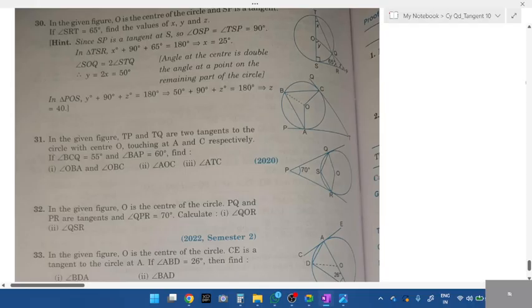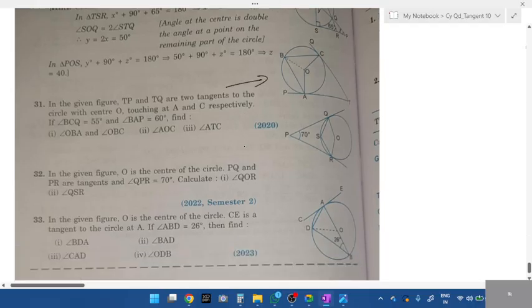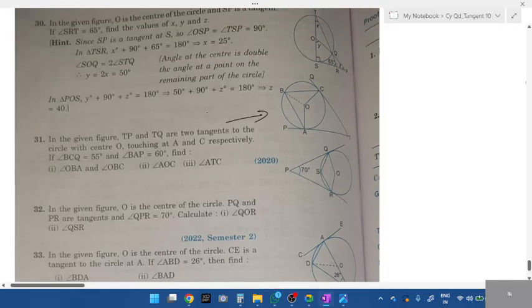Next. In the given diagram, TP and TQ. Where is TP? Okay, this diagram. Yeah, let us solve this question. All of you will respond, students. TP and TQ are two tangents, right? Center O, touching at A and C respectively.